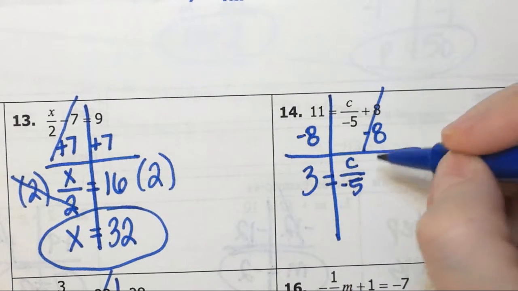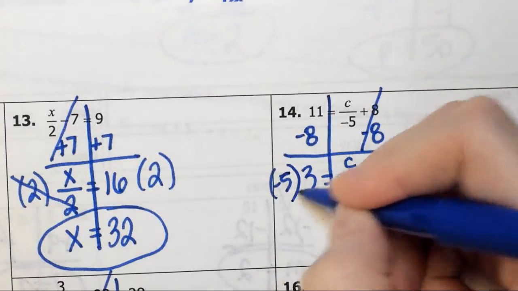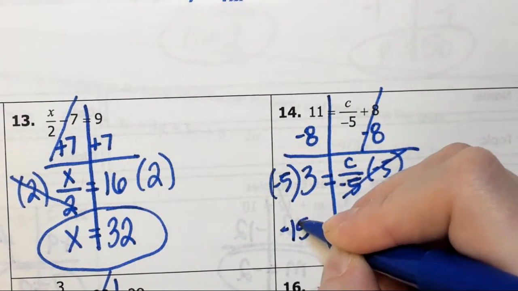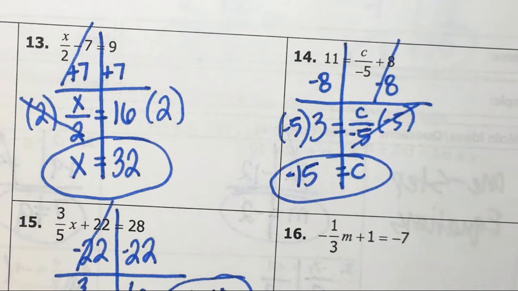Good. Now I multiply by negative 5. So I have C is equal to negative 15. Yep, C is equal to negative 15.